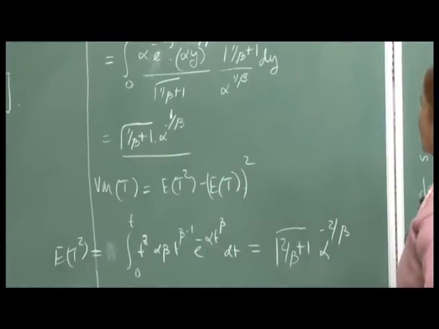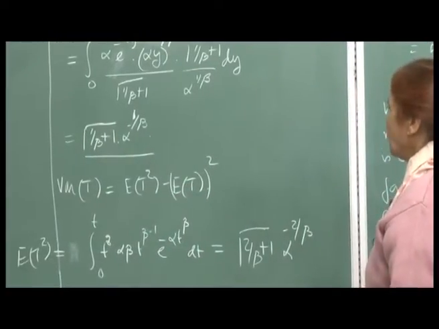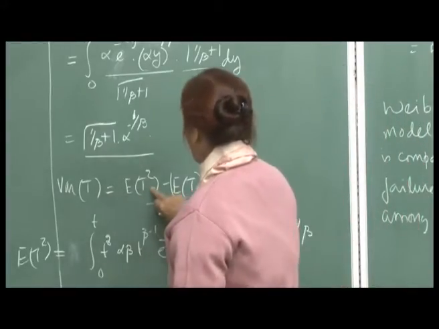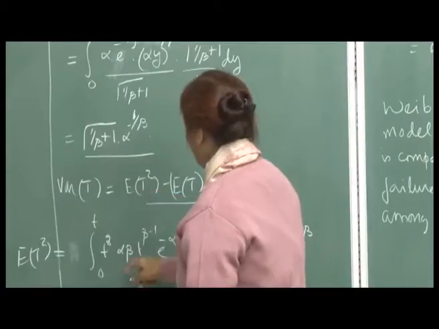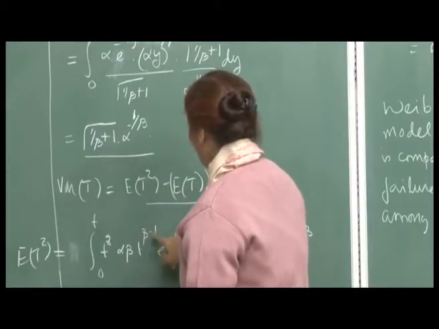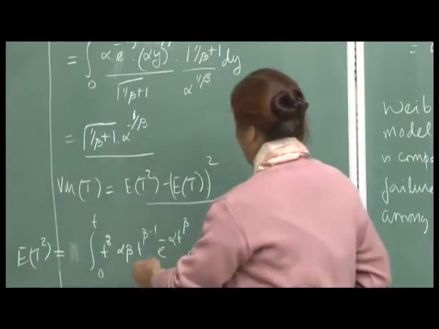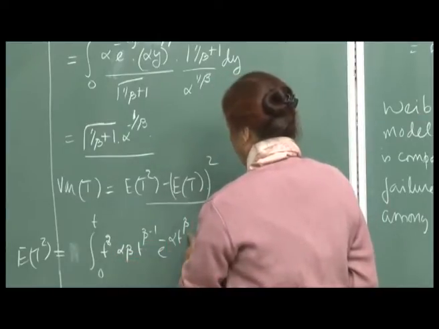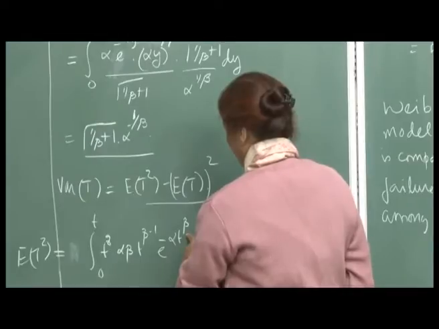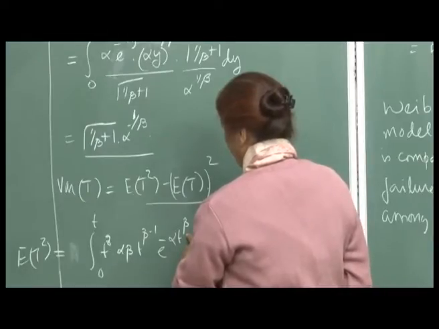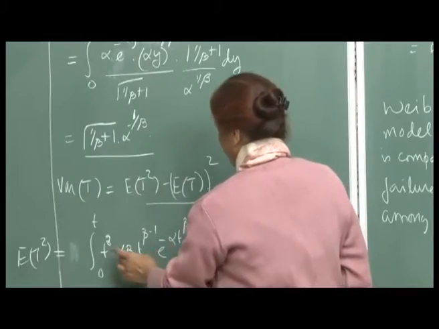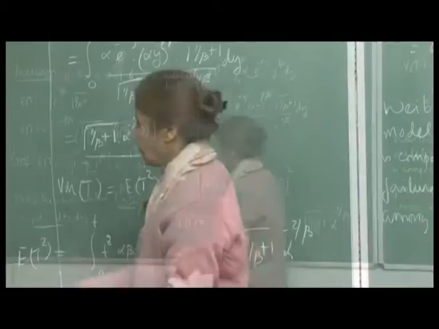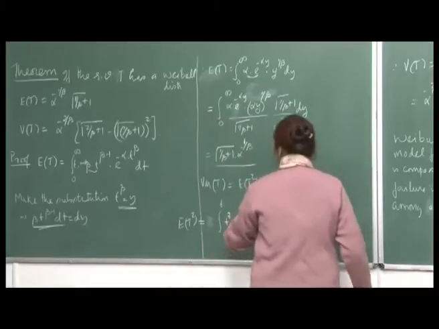And then the second part should be straightforward. I need to compute the expected value of t square, so that will be t square alpha beta t raised to beta minus 1. Now you see again beta t raised to beta minus 1 dt will be dy from here, and then you have a t square.